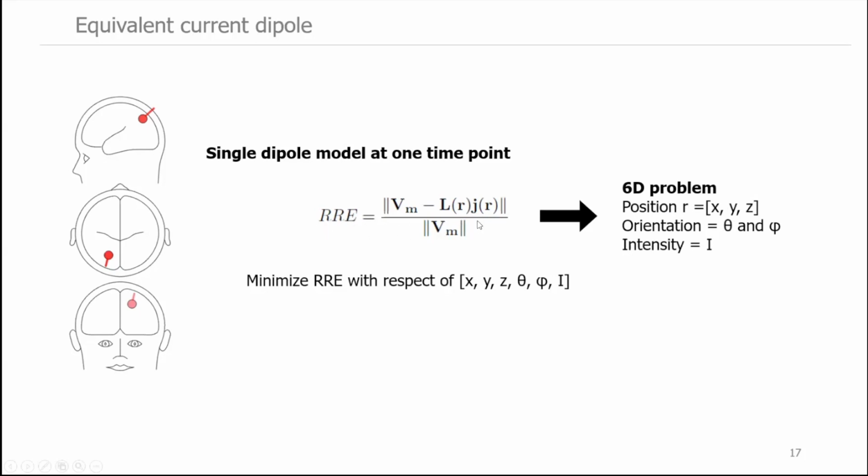So basically you try all these different parameters, and then you say, okay, source at position X, Y, Z with orientation theta and phi and intensity I gives you the best solution. So this is the source that generates the EEG.